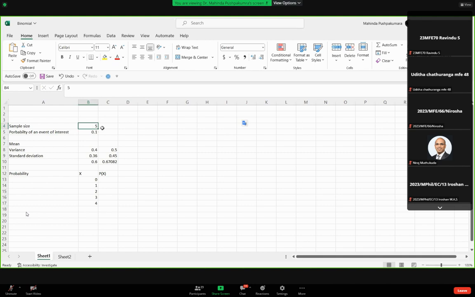Let's say you have sample size 5, probability of success 0.1. Now I am going to explain how we can get the probability through Excel. Then here x is 0, 1, 2, 3, 4, 5.